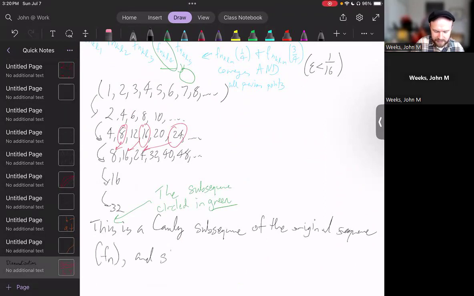And since the space of continuous functions from 0 to 1 is complete, this Cauchy sequence converges.